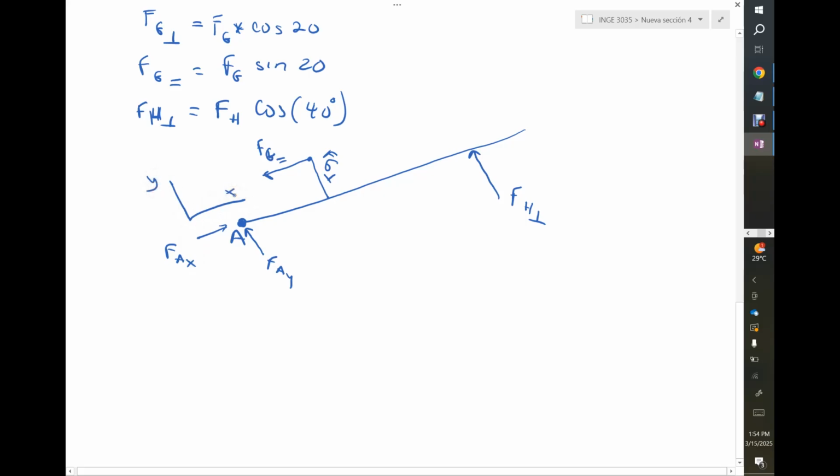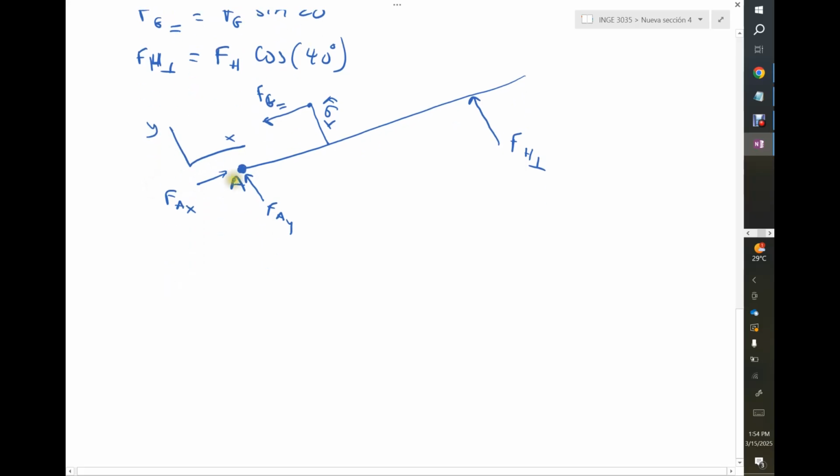So what we're going to do is now take the moment at A. These two guys don't have an arm, so they move out, they die. So we have the moment at A, and let's take, for the sake of the argument, positive in that direction. So that will be 0, because a pin doesn't hold any moment.